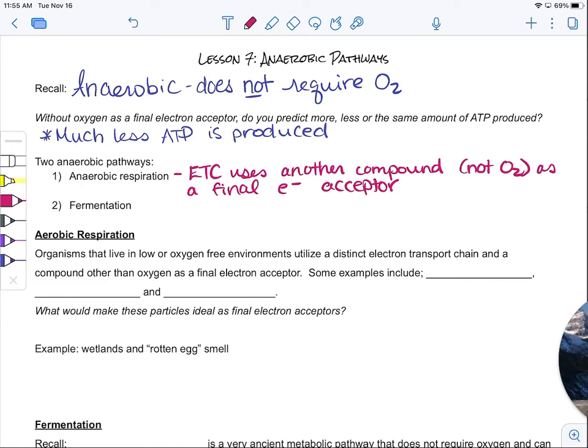We're also going to talk today about fermentation. And as mentioned in a previous lesson, we've got two examples here, which are lactate fermentation and alcohol fermentation.